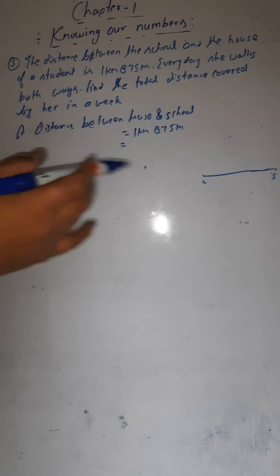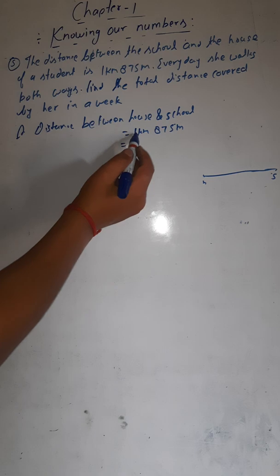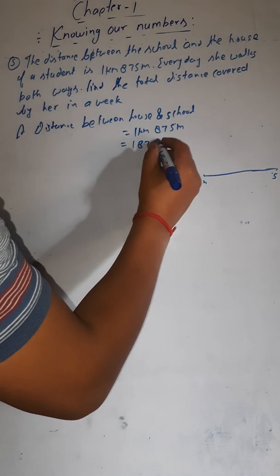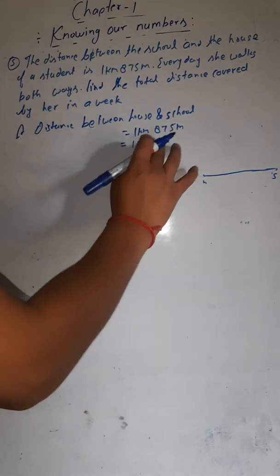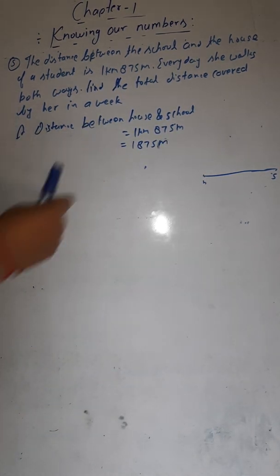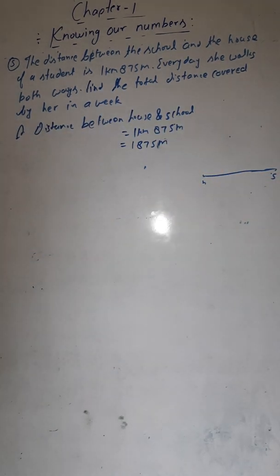In 1 kilometer there are 1000 meters, so in 1 kilometer 875 meter, 1875 total meters are there. This is the distance from house to school.